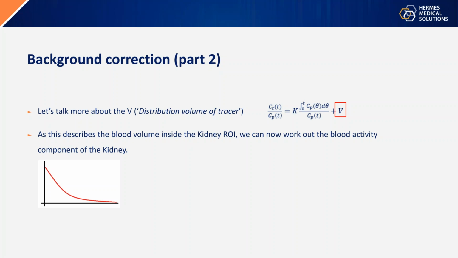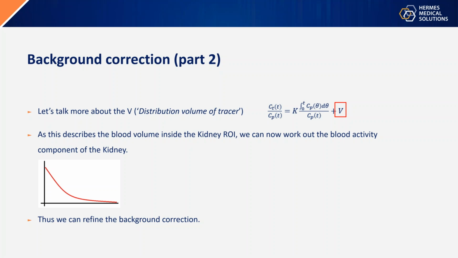And you remember when we talked about the backgrounds, I said that we have a problem subtracting the blood activity because of the unique vascularity of the kidney, since we can't estimate that with the C-shaped background regions. But we can, however, calculate it using this V, this distribution volume of tracer. So from here, we can further refine the background correction.